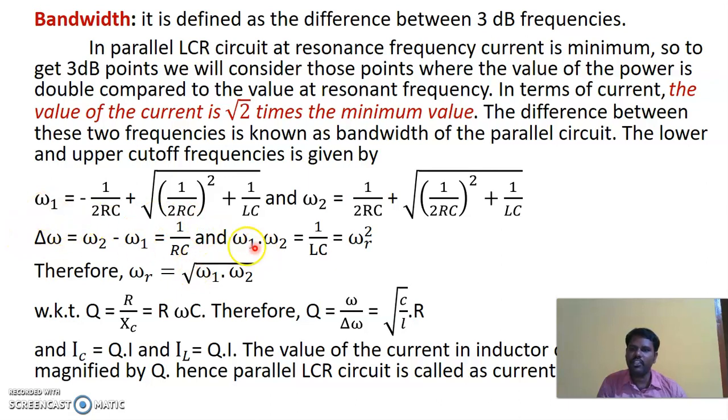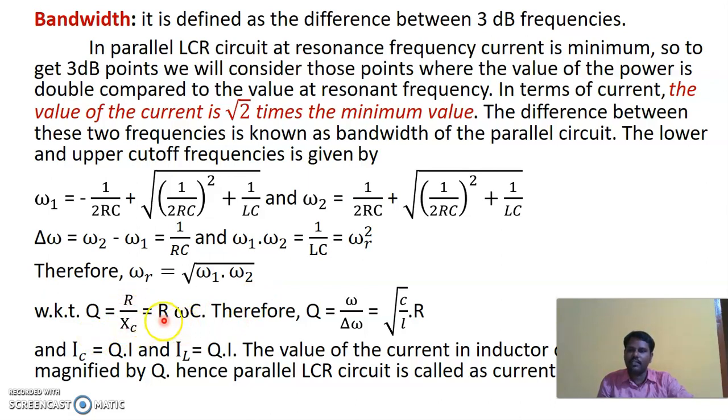Now if I multiply these two, omega 1 and omega 2, I will get an expression equal to 1 over LC, and I know the expression 1 over LC is nothing but omega R square. So this shows the relationship: omega R, the resonating frequency, is equal to square root of omega 1 into omega 2. The Q factor is given as R over XC.